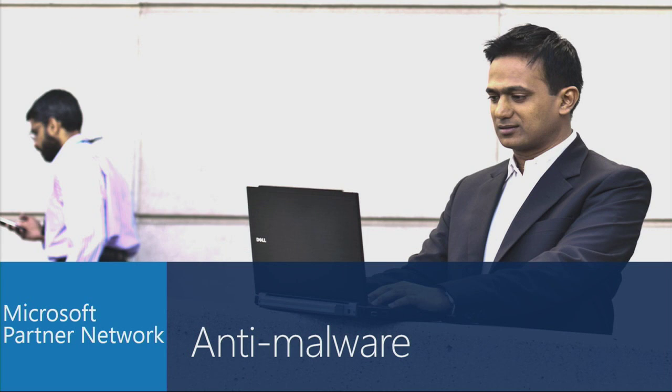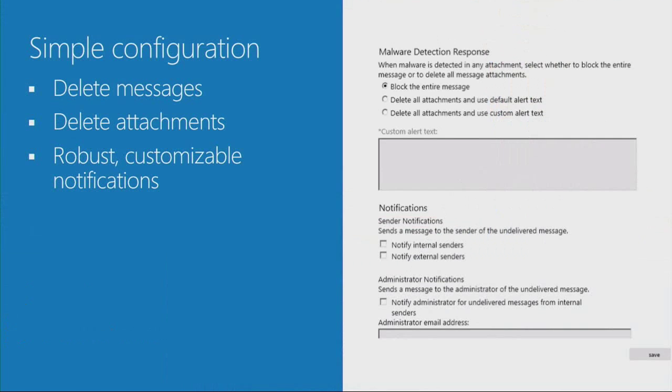Yeah. Show us a bit. Perfect. As we said before, we have different options to manage how malware will be handled by the Exchange Online Protection System. As you can see in the slide in front of you, we have mainly three different options to manage the message. First, block the entire message, so the message will never be delivered to the destination mailbox.